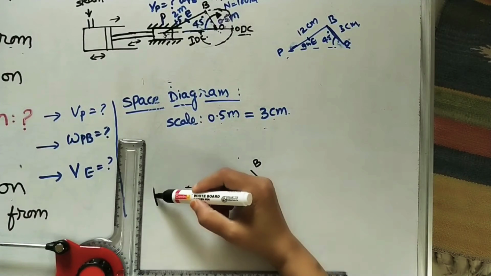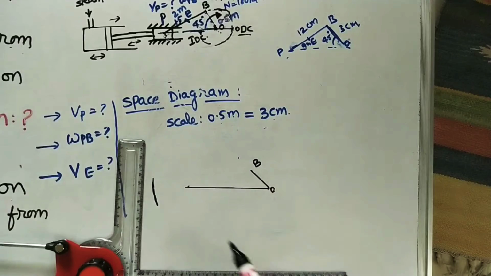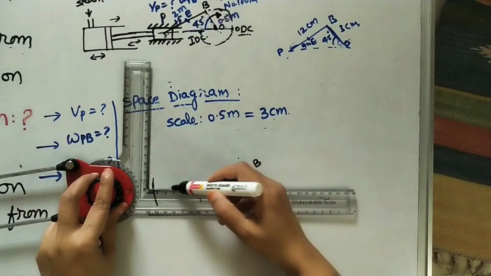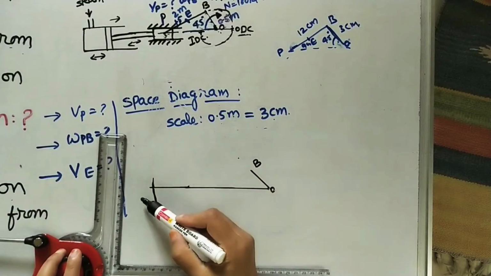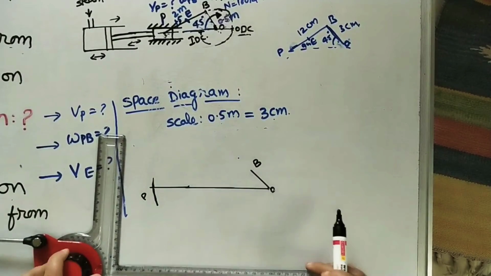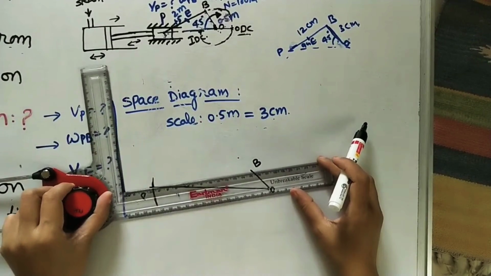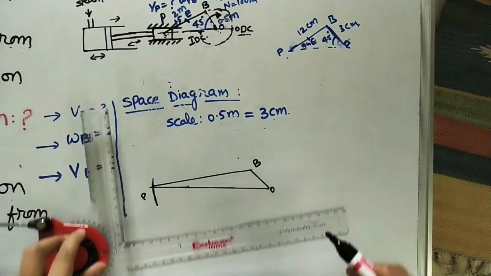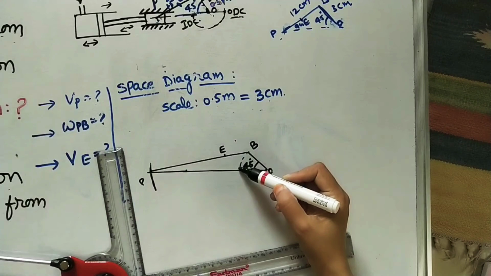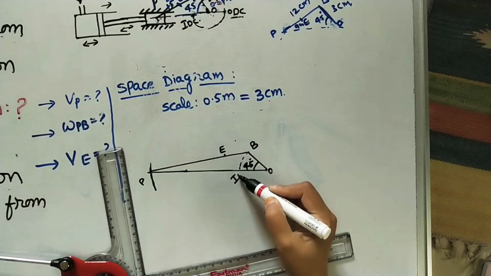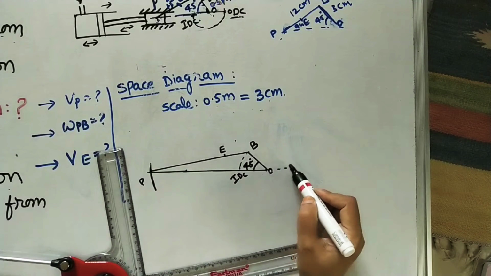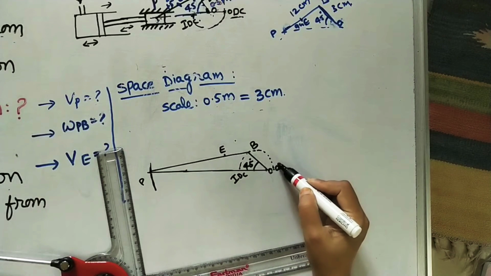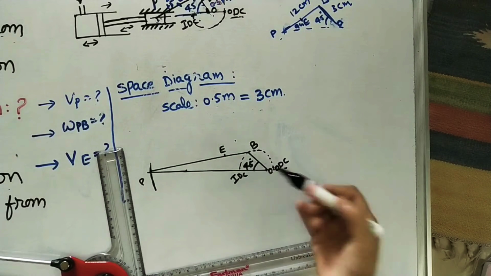Now extend this line; it is touching at the P point. Join B and P. Mark this as IDC, the inner dead center, and this side is the ODC. With the IDC it is making 45 degrees.